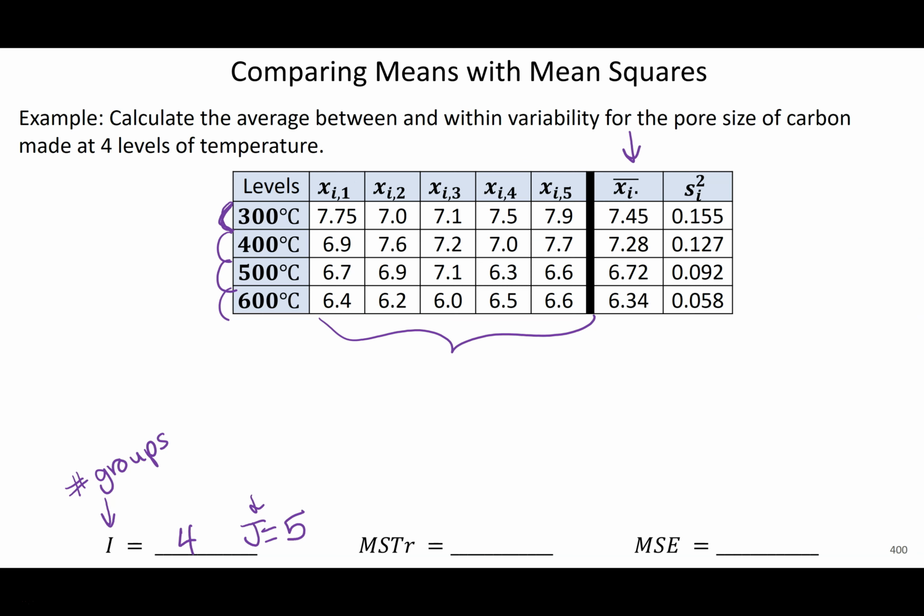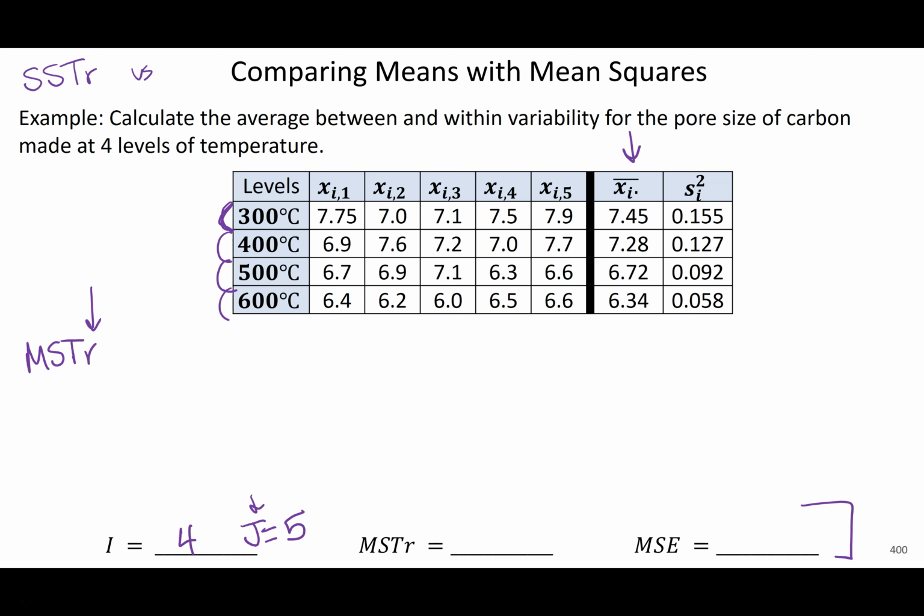So then if I want to calculate these, MS treatment, I'm going to make some space here. MS treatment. Do note that the little r matters, because later on we use sum of squares treatment versus sum of squares total. You're going to want to make sure you include that little r. Otherwise it can get really confusing really fast.